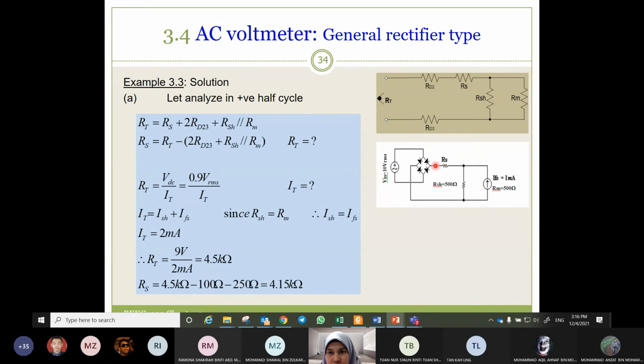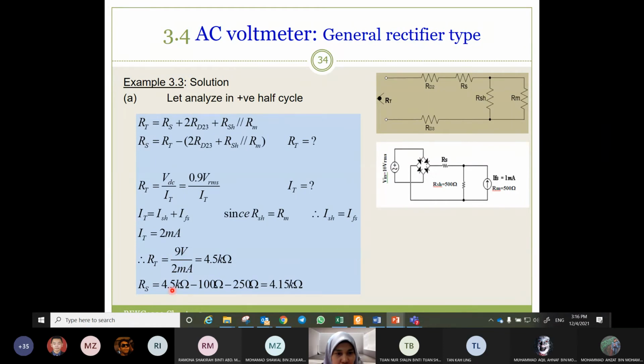So the current flowing through here is 2 milli, 1 milli plus 1 milli. 2 milli will flow through RS as well as I total. So R total is equal to 0.9 multiplied by 10, we get 9. 9 divided by 2 milli, we get this.